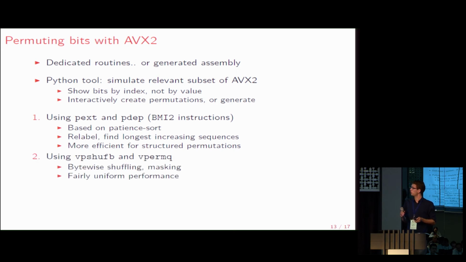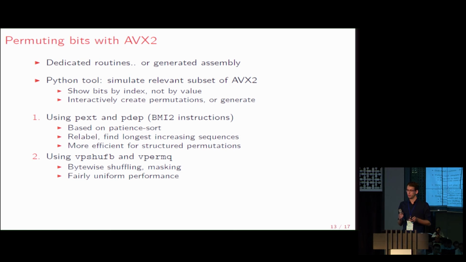We basically have 2 approaches to do this. One of them uses bit extraction instructions, based on a variant of patience sort where we're looking for subsets in the input. You have 64-bit inputs to these instructions. Some of the bits are relevant, some of them are not.